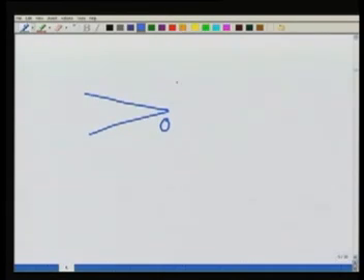I fix an axis, and with respect to this, for a given point P in the vicinity of O, I measure this angle theta and the length r.